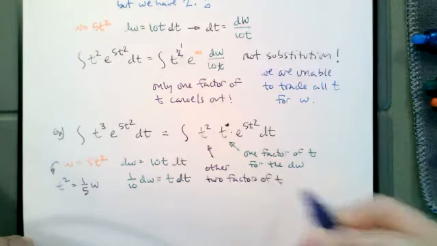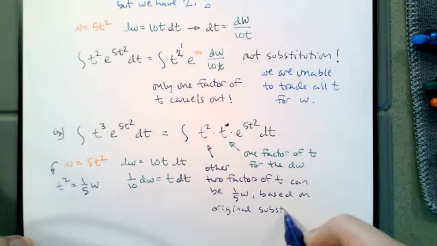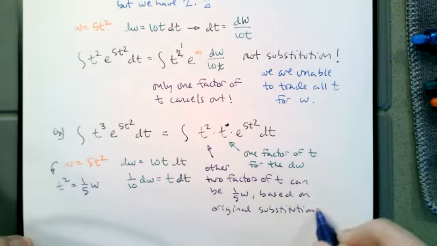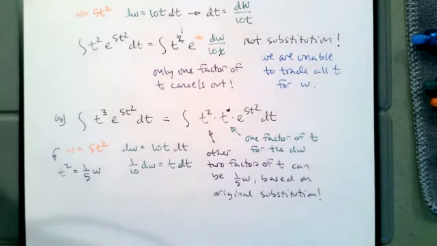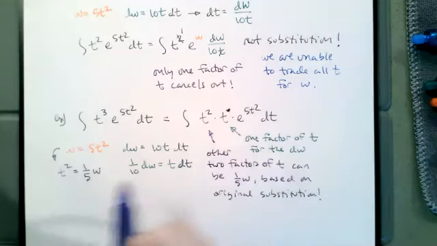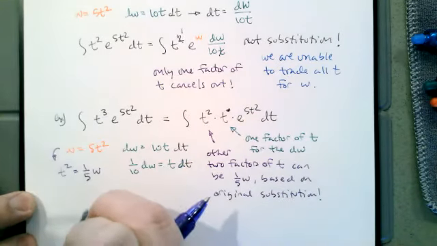And this is based on our original substitution. So the t squared on its own will be replaced with a 1/5 w.